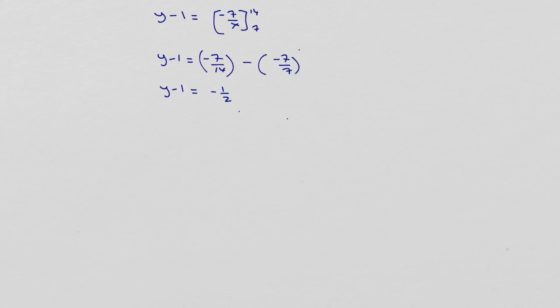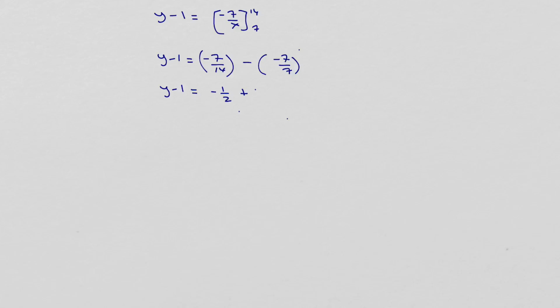And then I'm going to have minus 7 x to the minus 1, in other words minus 7 over x, and subbing in my limits then of 14 and 7, that's going to become minus 7 over 14 minus 7 over 7. So that simplifies down to y minus 1 equals minus a half, and then it's going to be plus 1.